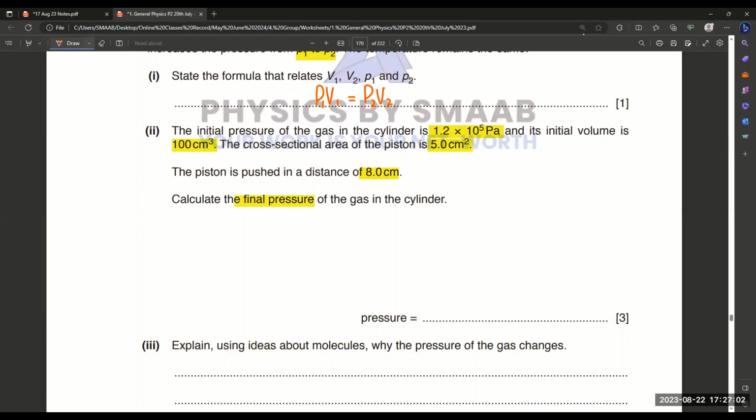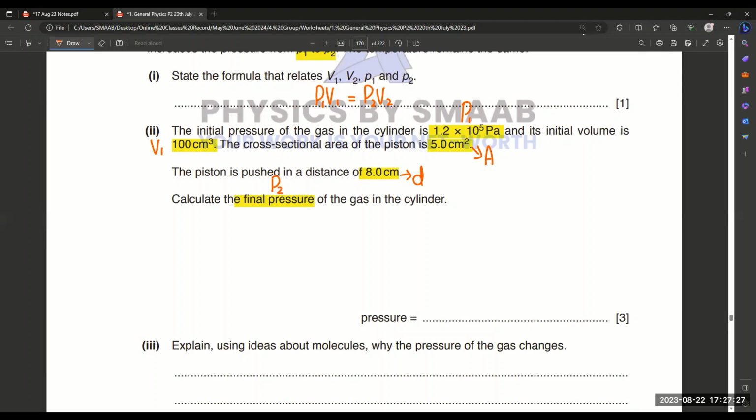So basically, this is our initial pressure P1, and this is our initial volume V1, and then the cross-sectional area of the piston is this, and the piston is pushed in a distance of 8 centimeter, and we need to find out the final pressure.